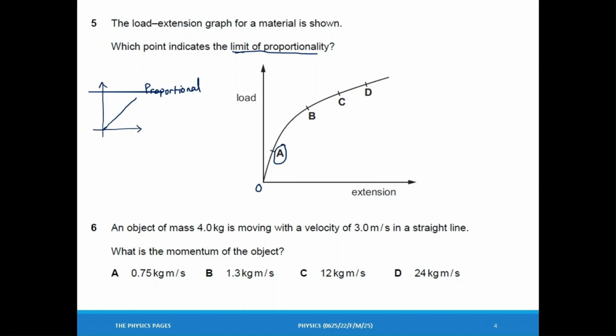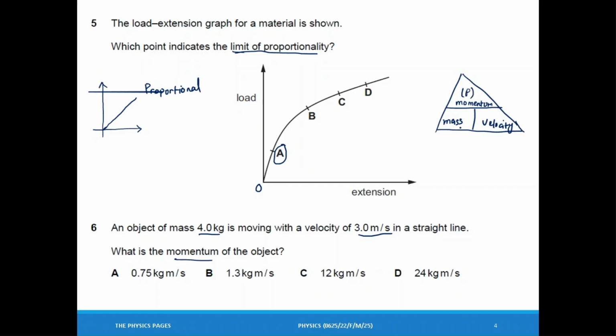We have an object of mass 4 kilogram, and it has a velocity of 3 meter per second in a straight line. We are asked to find momentum. First thing first, we need to remember that momentum is denoted by letter P. Momentum is always equal to mass times the velocity.